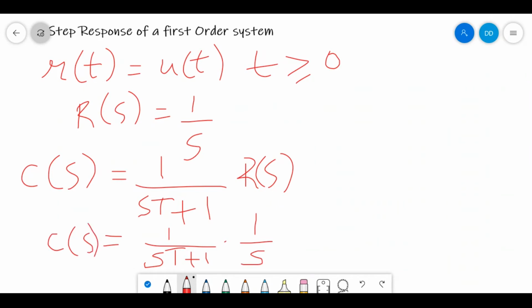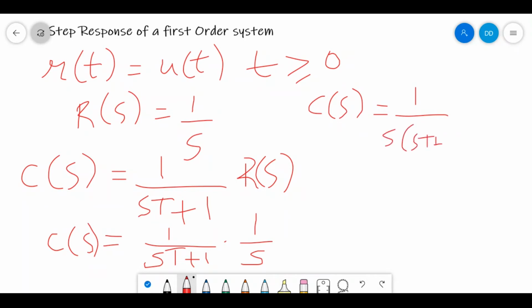When we see here, we cannot directly apply the inverse. So we have to do the partial fractions of C of s and then apply inverse Laplace to get C of t. So C of s can be written as 1 by s into (sT plus 1).